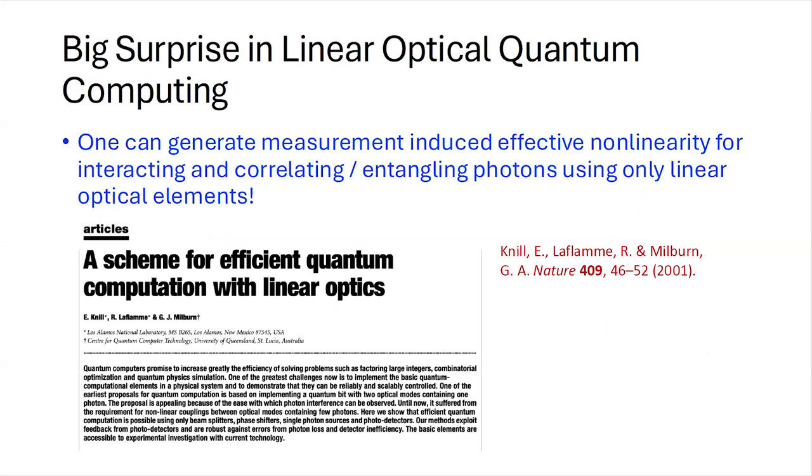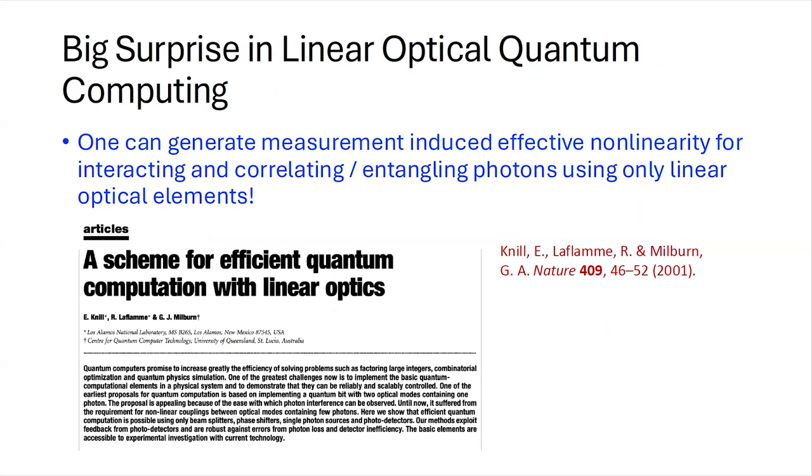Okay. Here, let's come back to our original motivation. I told you that in Maxwell's equations and the wave equation, you have linearly independent solutions. Even classical interference is incapable of generating quantum correlations and entanglement. So you need some ingenious idea for how to entangle photons using only linear optical elements.